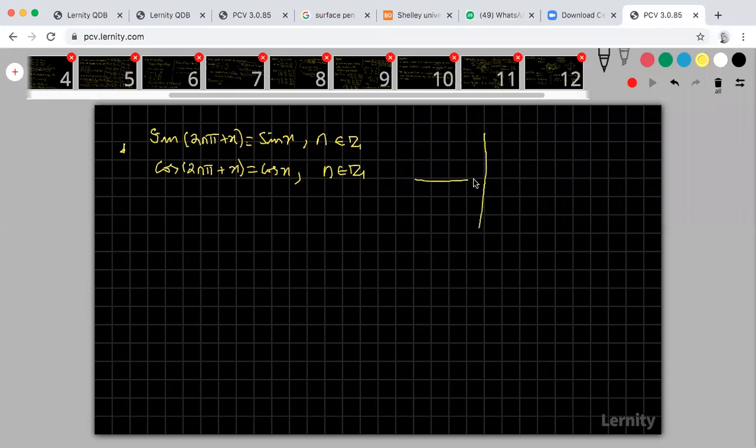So your 2 pi is one revolution, one complete rotation.